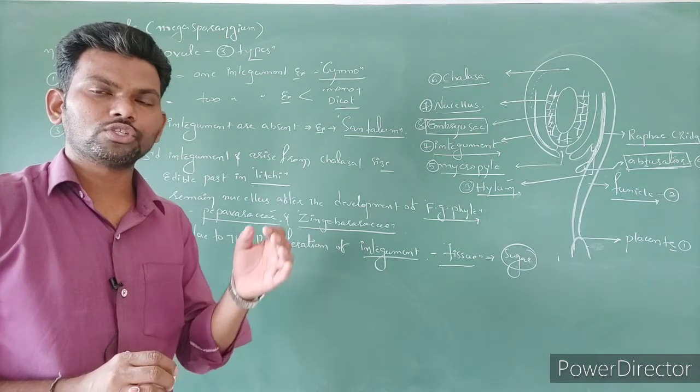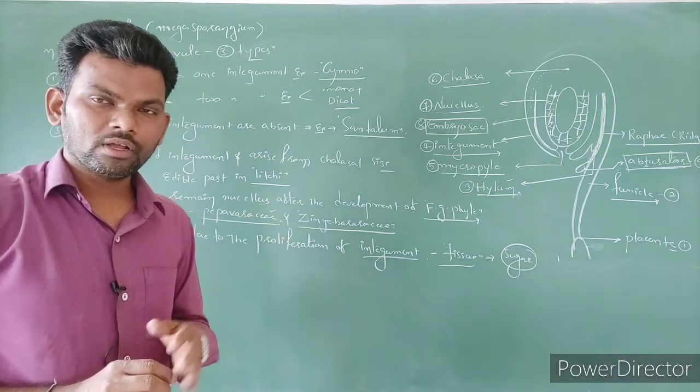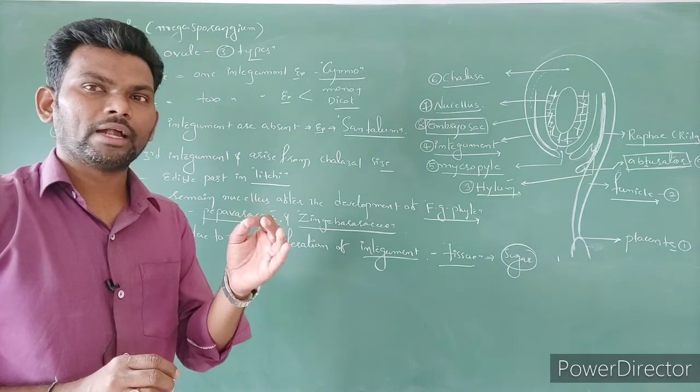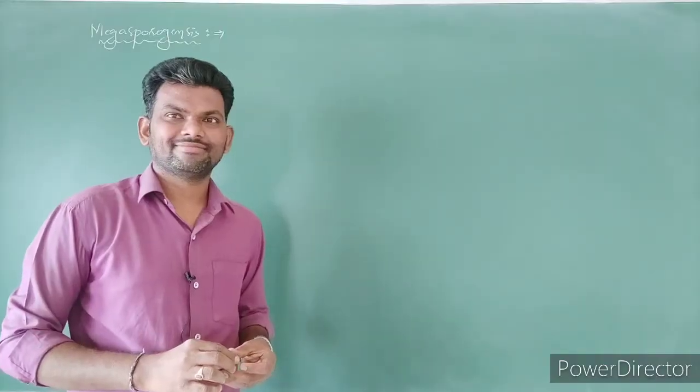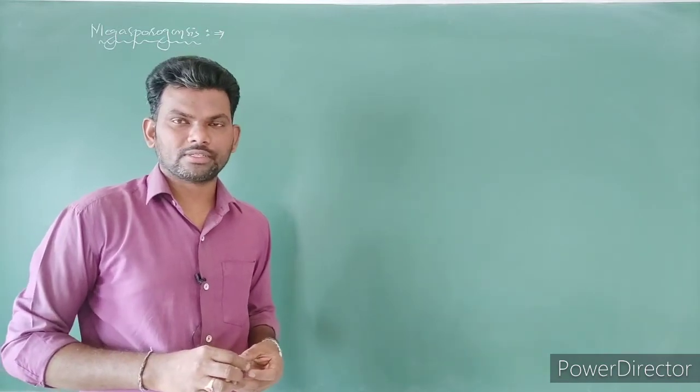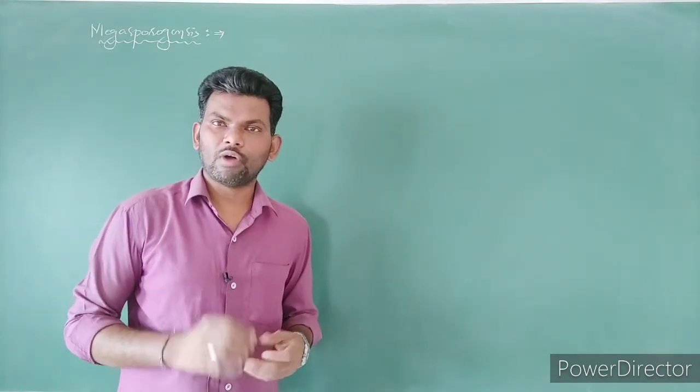Anatropous ovule is the most common type in angiosperms. 60 to 70% of all plants show the anatropous ovule. Next, megasporogenesis. Megasporogenesis means formation of megaspore.